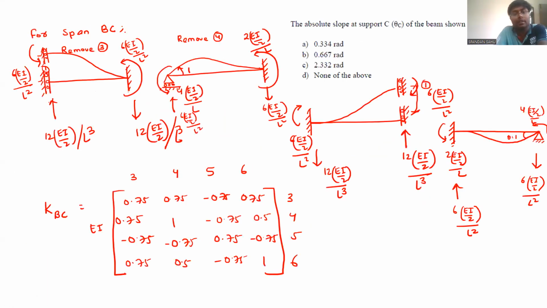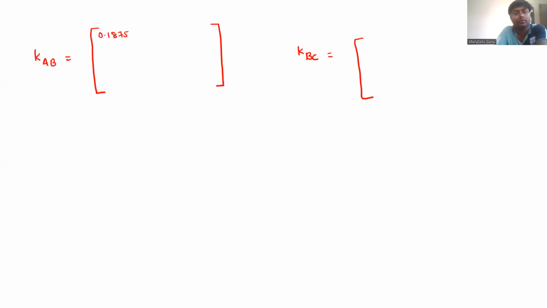Now I am writing first again KAB here and KBC here, so that we can write it easily. You have written it, just tell me the values again. This was 0.18, 7.5. Next one, 3.75. Third one, K13.